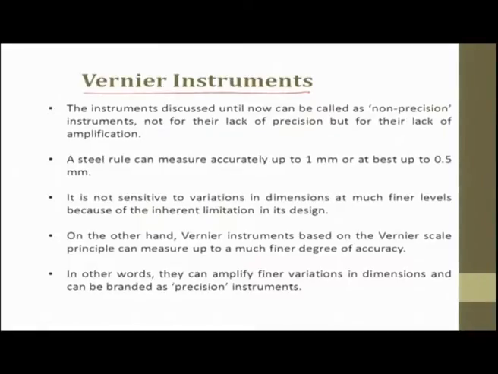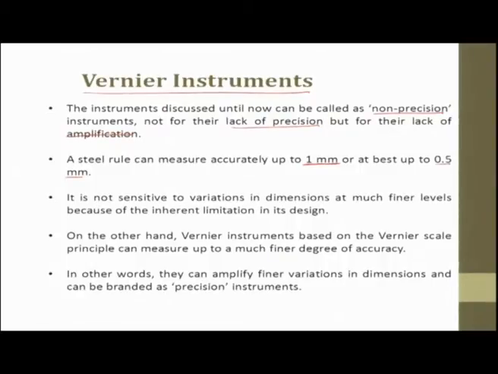This instrument until now can be called a non-precision instrument due to their lack of precision, or rather their lack of amplification. A steel ruler can measure accurately up to 1 millimeter. At the best, it can go up to 0.5 millimeter. If you want to go less than that, then we have to use instruments like vernier caliper and screw gauges.